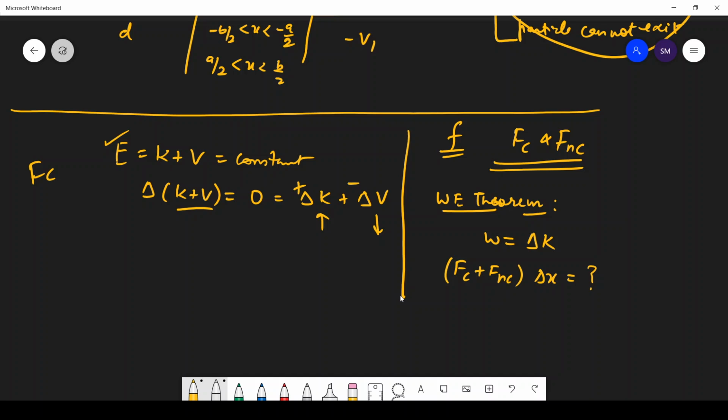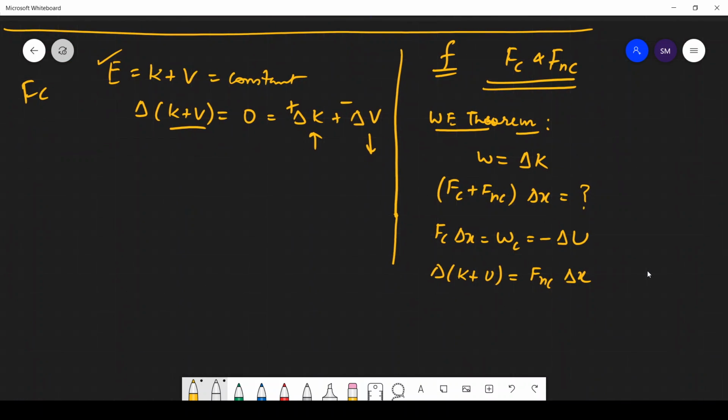Let us see what Fc into delta x is. The work done by the conservative force is equal to minus delta u. So this work done can further be written as delta of k plus u is equal to the non-conservative force into delta x.